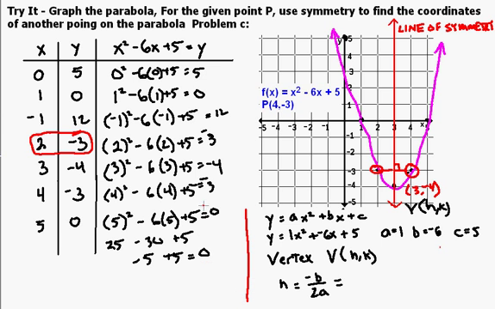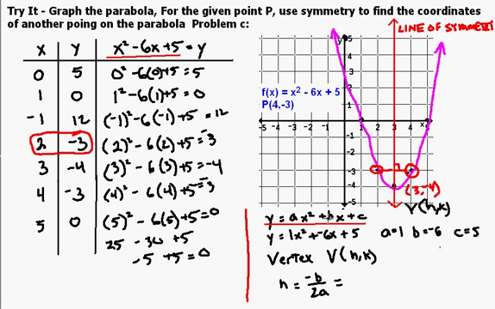If you would please. First of all, quadratic equations are in this form: ax squared plus bx plus c. If we write the equation that we are given, y equals x squared minus 6x plus 5, and line this up, notice that our x squared has a coefficient of 1, so we put 1 in there for a.